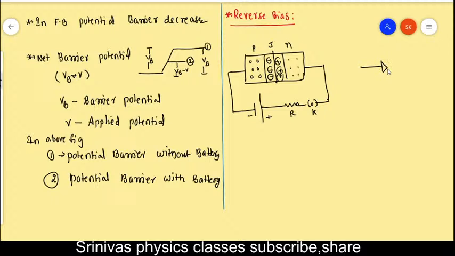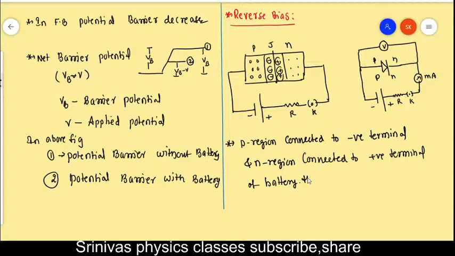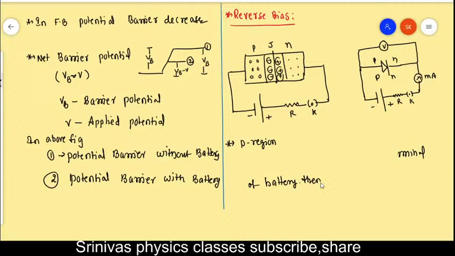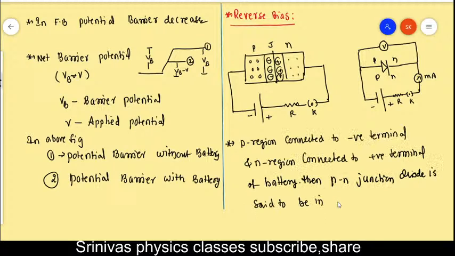This is the PN junction diode symbol, and the diode is said to be in reverse bias.